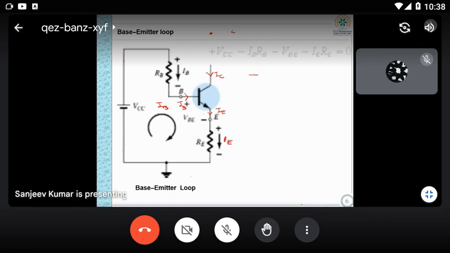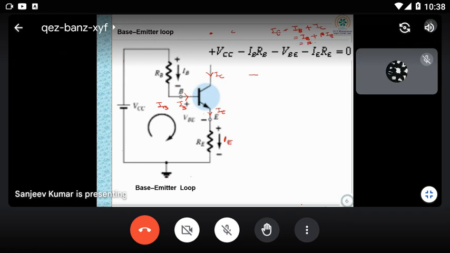So apply the KVL, same equation, what you told: VCC minus IB RB minus VBE minus IE RE is equal to 0. Now here IE you can convert to IB, because already you know IE is equal to IB plus IC, and IC is equal to beta IB.